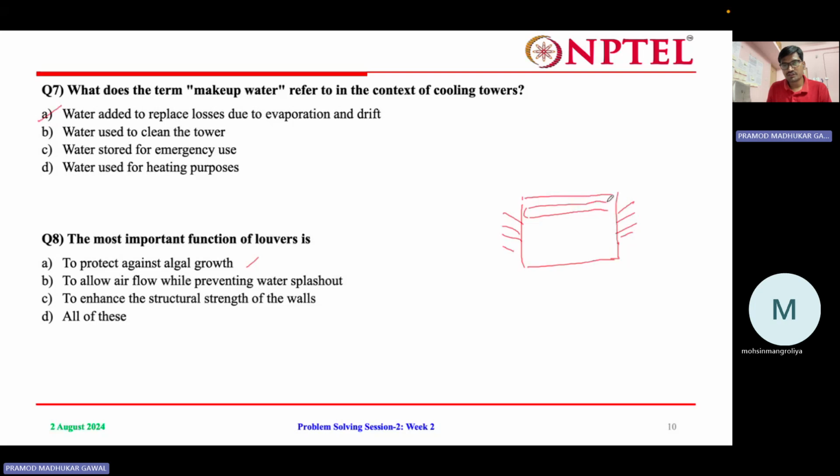Here is the water distribution system. When we spread the water in droplet form, it should not pass to the outside. That's why the louvers are used, right? The other purpose is to allow airflow while preventing the water splash out. Option B.